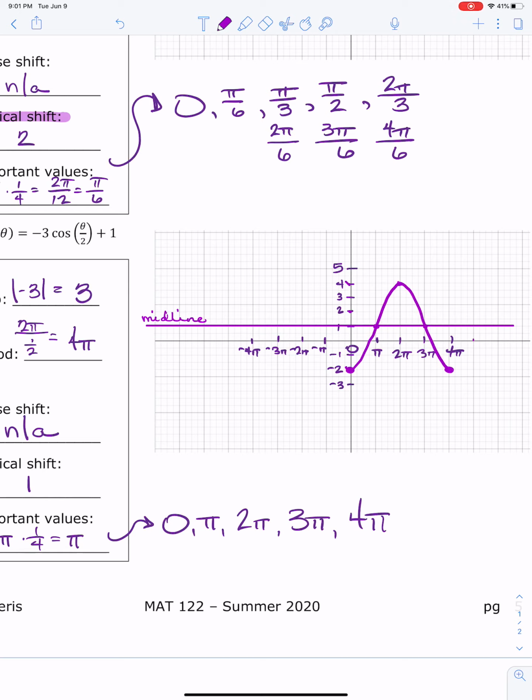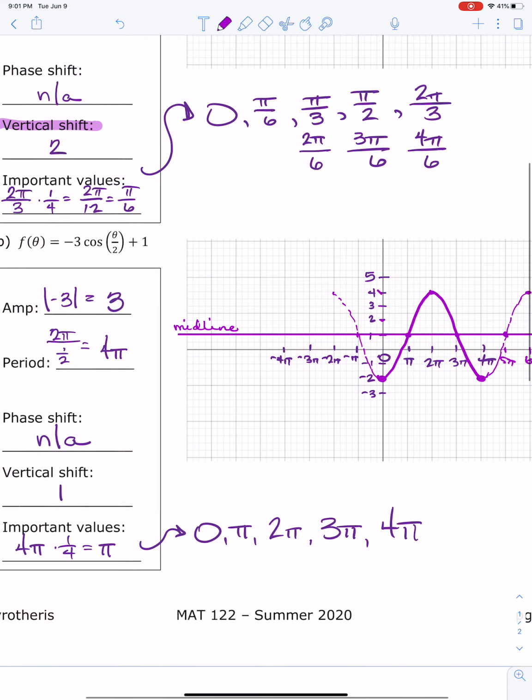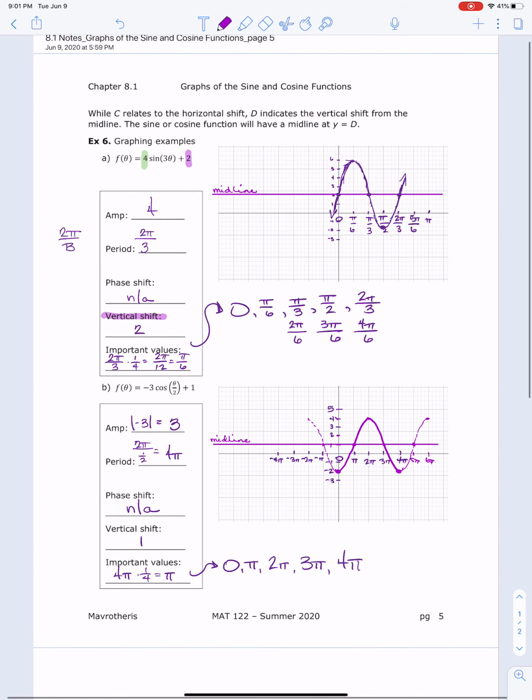If I wanted to, I could add 5 pi, that's going to be back at 0. 6 pi, that's going to be back up at 4. This is cyclical, so it's just going to keep repeating. And we could do that on the other side as well. Totally up to you, 1 period or more. And that is it for 6A and B, page 5.